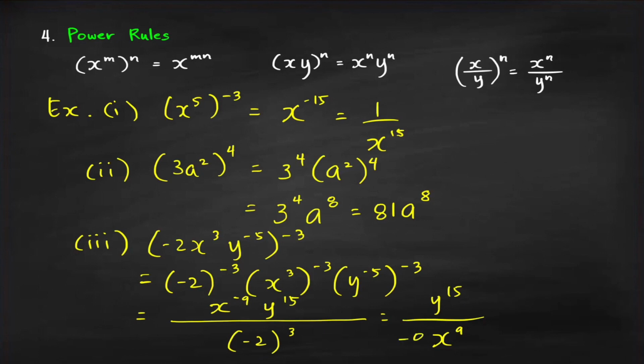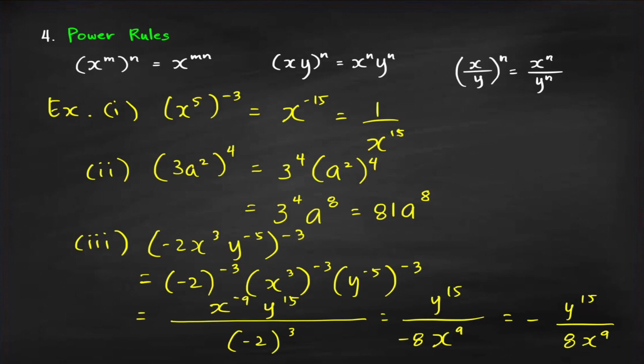So we have here negative 8. If you have a negative sign in the denominator, it is better to write it in front of the fraction. So this is equal to negative of y raised to 15 all over 8 x to the 9.